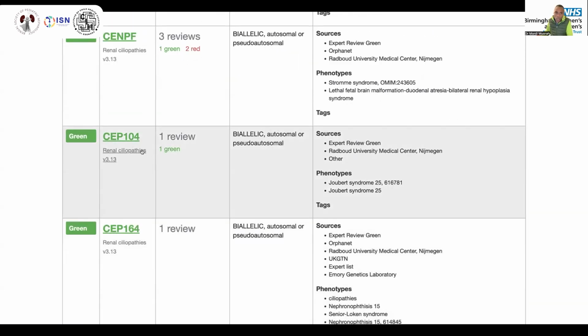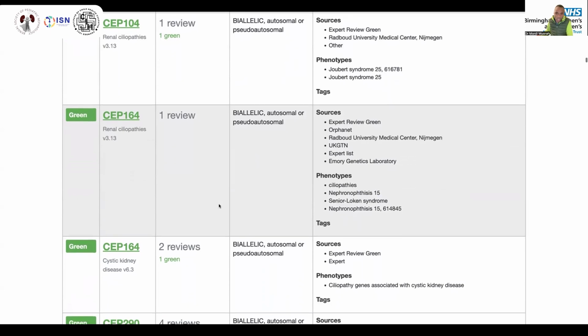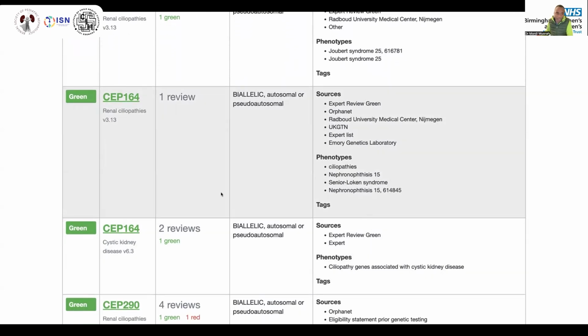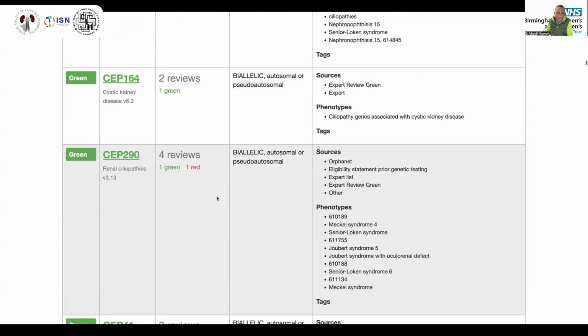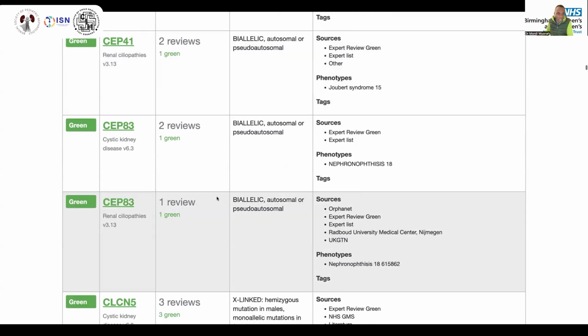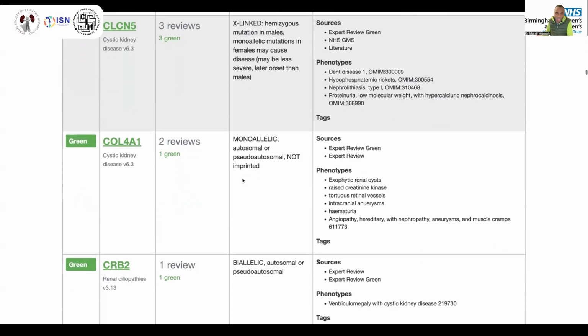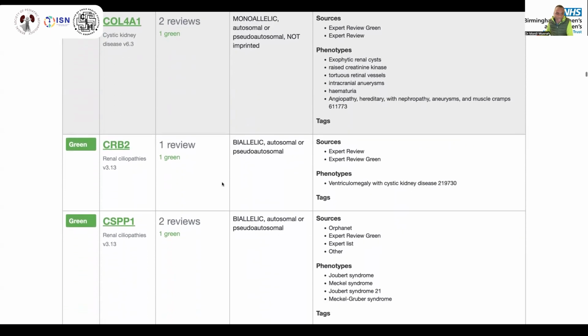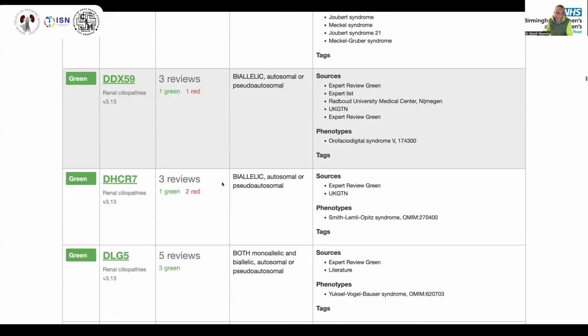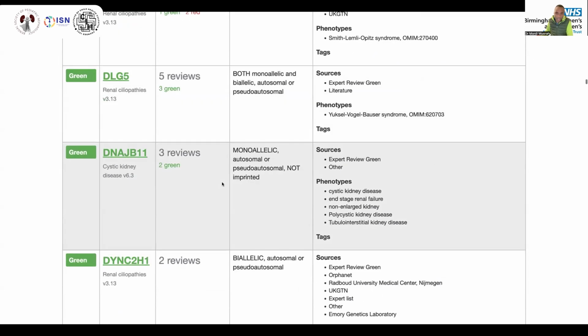And the centrosomal protein genes, the CEP ones, which are often seen in things like nephronophthisis, which again can be found listed here. There's also the gene for Dent disease mentioned here, as is HANAC, and some of these obviously are not as common as others.